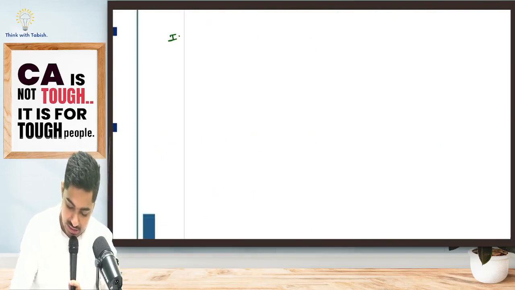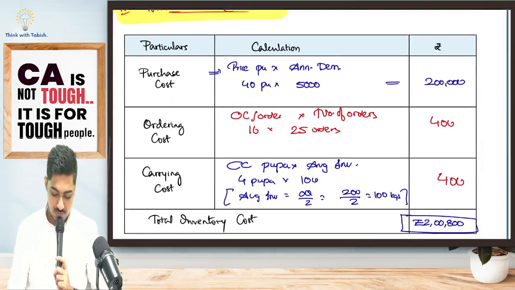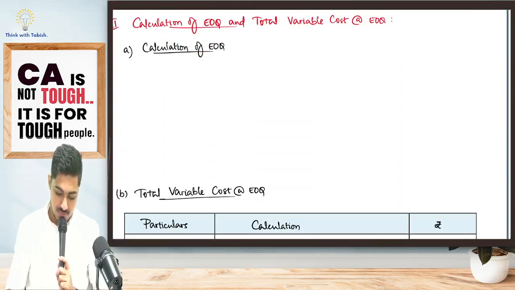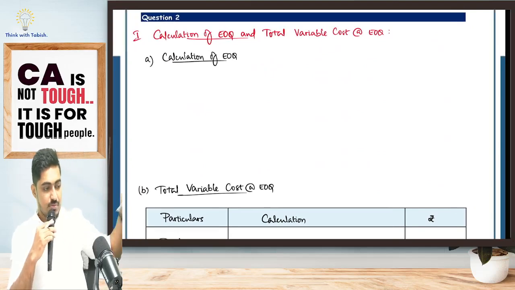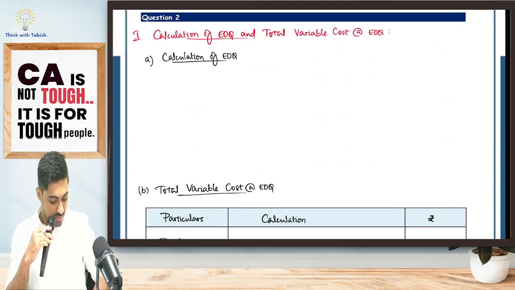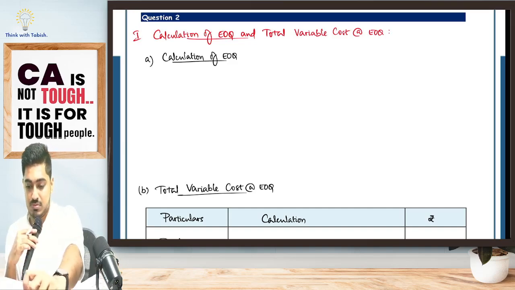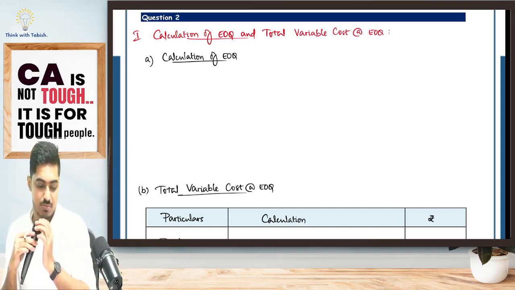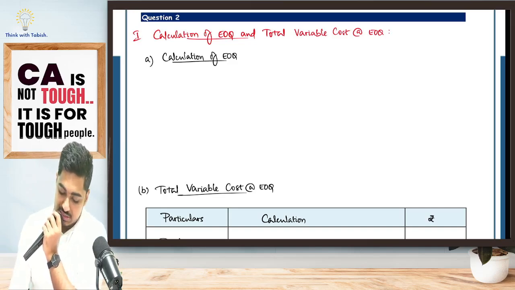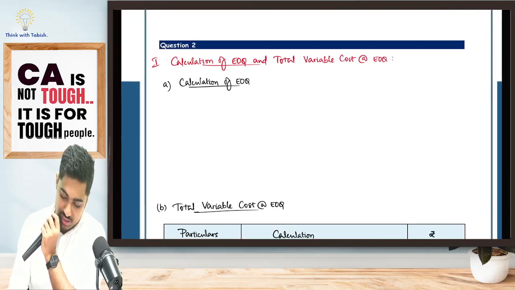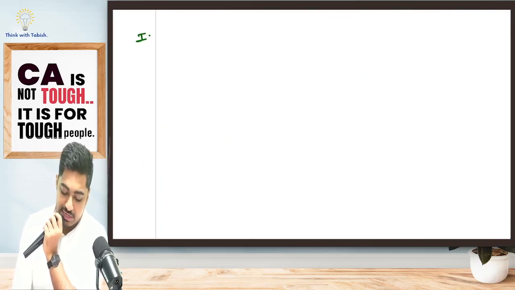First thing is calculation of EOQ. Yes, everyone. Or else let me do it there only so that I can keep showing as well. Tell me, everyone, calculation of EOQ.